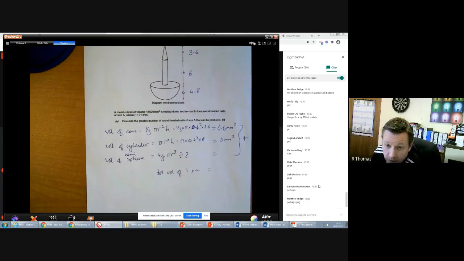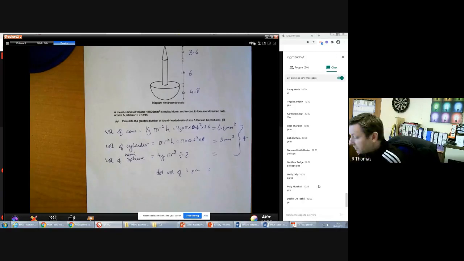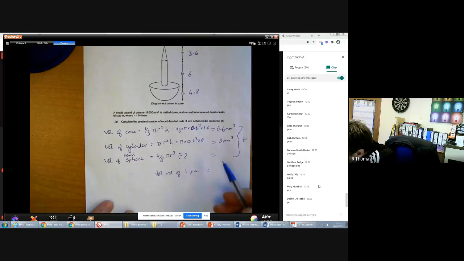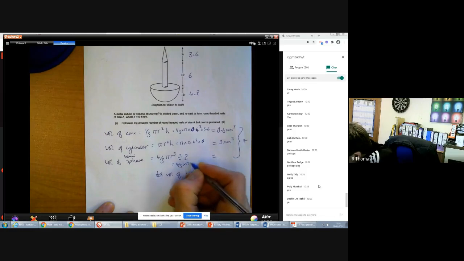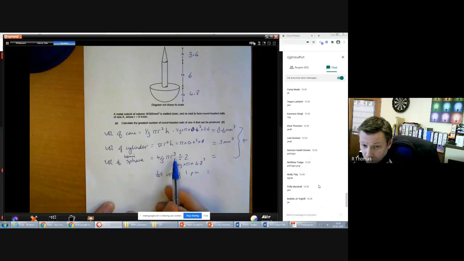Anybody actually doing the question? Don't forget for the sphere, it's pi r cubed, not squared.